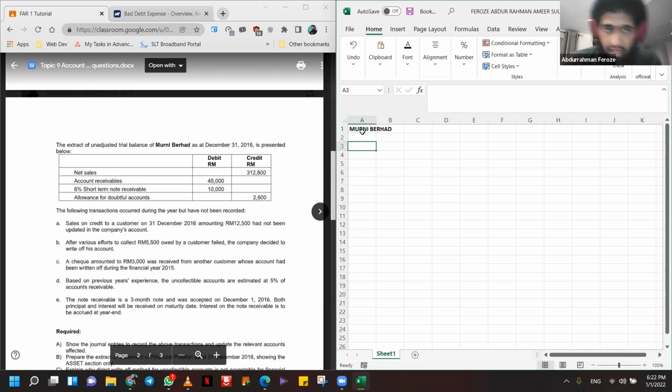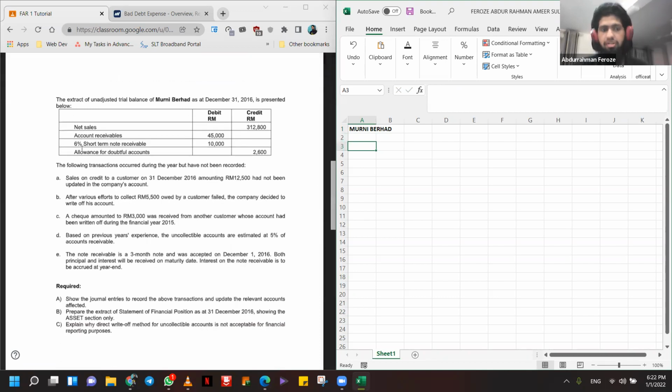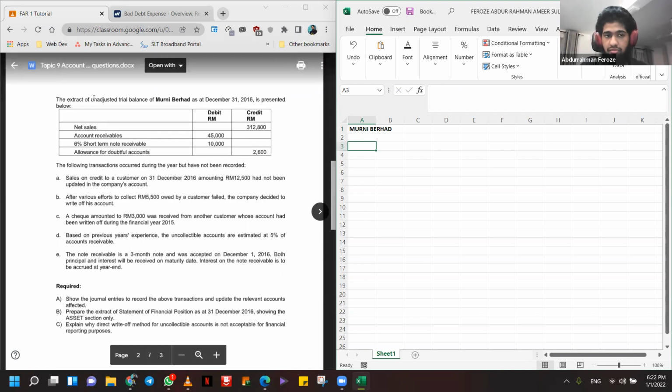Murni Berhad. Okay, so in this question we'll read the question. The extract of the unadjusted trial balance of Murni Berhad as at December 31st, 2016 is presented below. One key phrase to remember here is that this is the unadjusted trial balance. So obviously that would mean that there are things that need to be adjusted, and so we need to make those changes, right?